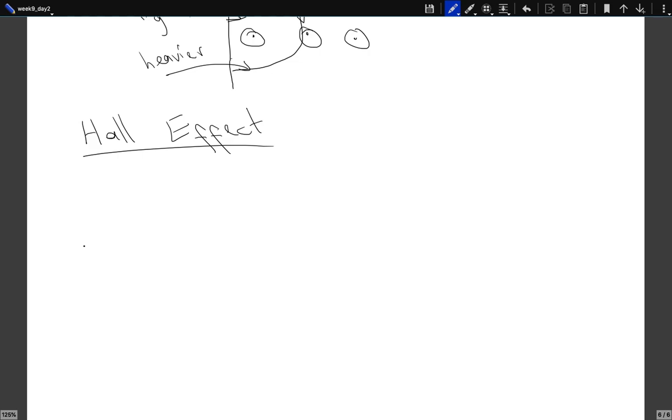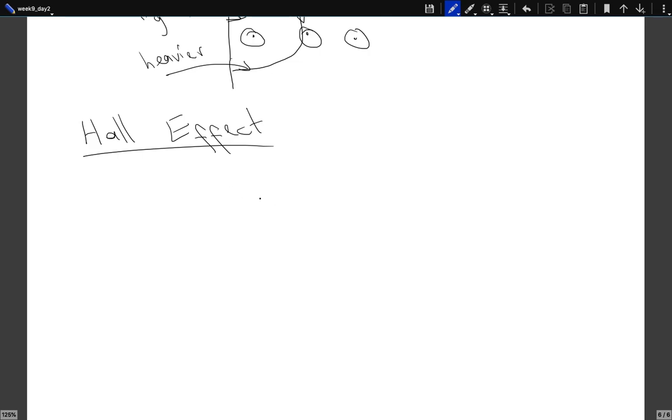So negative charges moving in one direction is the same as positive charges moving in the opposite direction. Well, they are the same, except in this effect. So here we will see that we can use the magnetic field to determine whether it is the positive charges moving around in a conductor or the negative charges moving in a conductor.